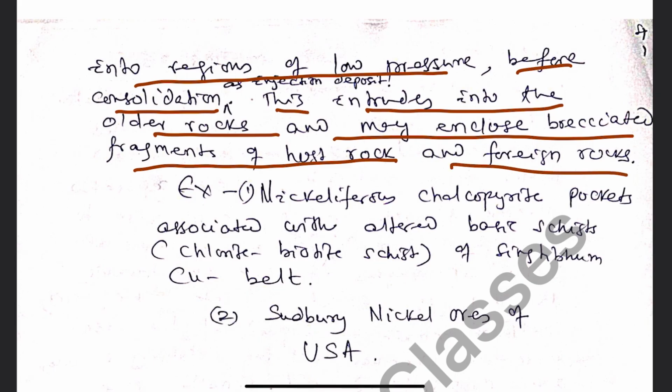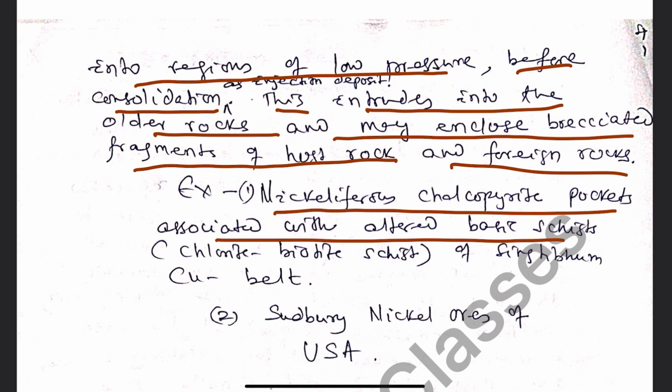So, the two layers, sulfide layer and silicate layer, may be injected into the country rock, where the sulfide minerals get concentrated as injection mineral deposit. Example, nickeliferous chalcopyrite pockets associated with altered basic sheets of Singhbhum copper belt. Sudbury nickel ores of Canada.